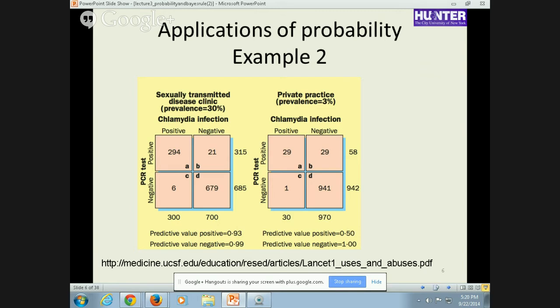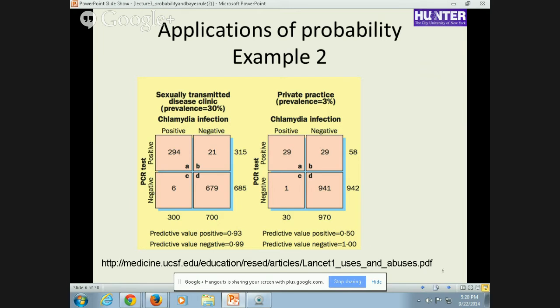So in the STI clinic, the positive predictive value is 294 over 315, which works out to about 0.93. In this other clinic, where we have a much higher proportion of true negatives, it works out to 29 over 58, about 50%. So this is the same test being given to populations with different prevalences, and we see very different positive predictive values.